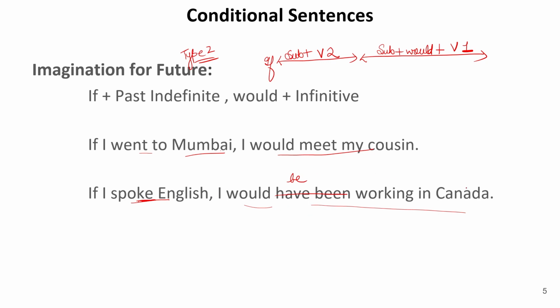So it should be would be working in Canada. Now, have been will be removed from here. So the correct sentence will be if I spoke English, I would be working in Canada. This shows that today I must have been working in Canada if I learnt how to speak in English.